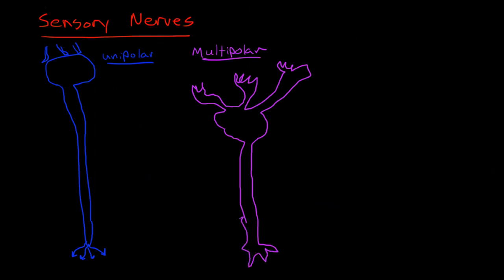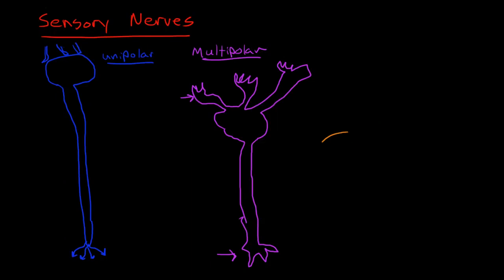So that's multipolar because it has one pole here and another pole here. And there's another one that's called bipolar that actually has a second axon in between here, and they're relatively rare as well in the human body as far as I'm aware.